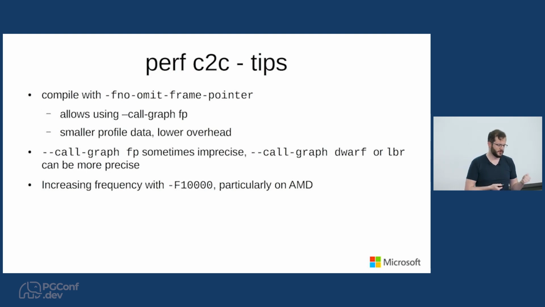On AMD machines, you really want to increase the sampling frequency, because otherwise you just don't have enough detail. Sometimes using the frame pointer will be a bit inaccurate and will make the profiles harder to read. You occasionally will find that the line numbers are off by 1, or that particularly with inlining, it's a bit hard to read. And for that, you can then use dwarf in a more targeted way.